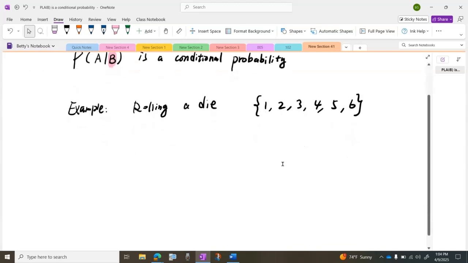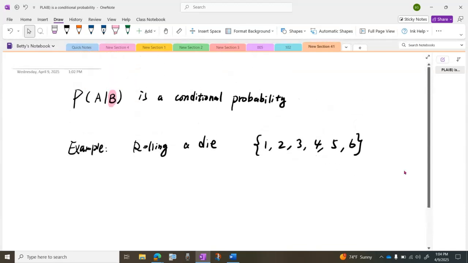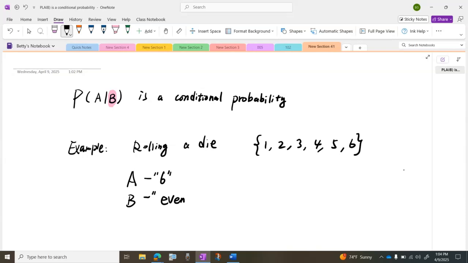Then the sample space contains all the possible 6 outcomes, number 1 through 6. We consider two events, A and B. A is the event we roll a number 6. B is the event we roll an even number.